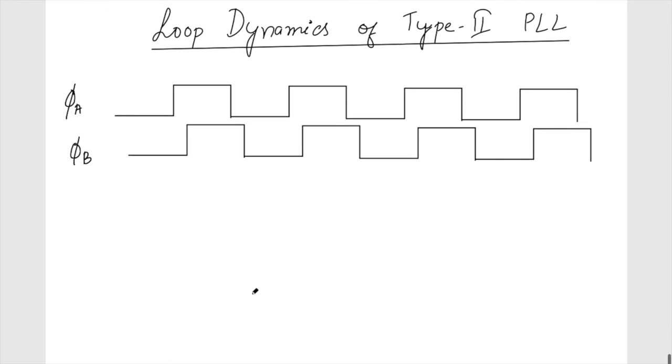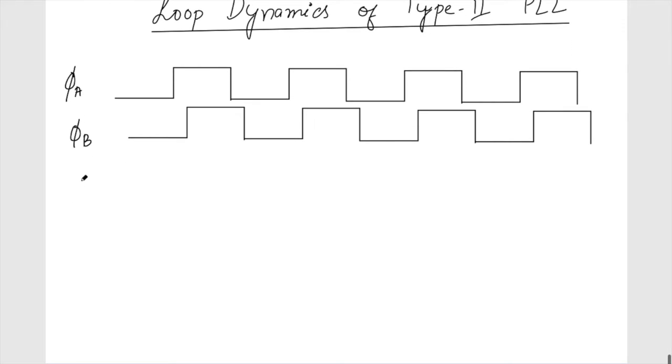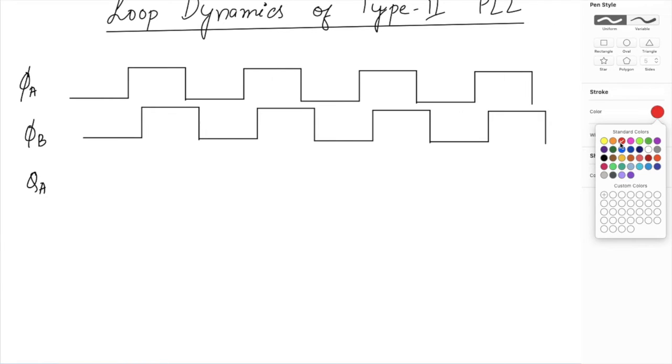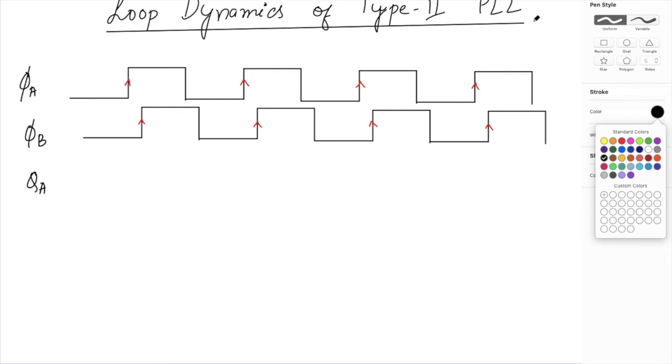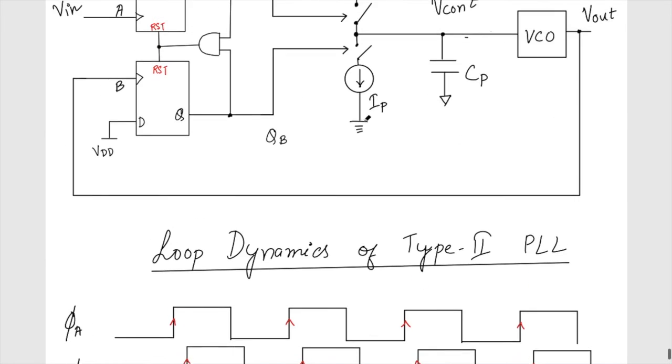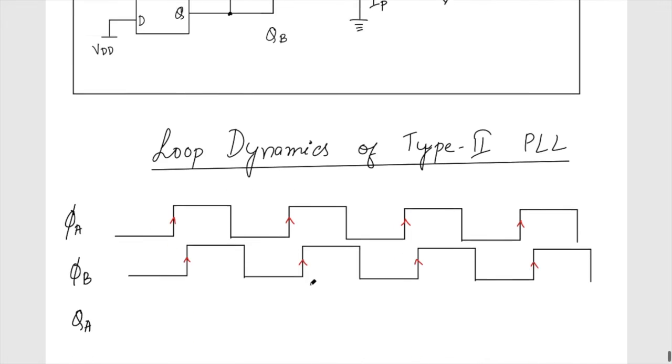Because of which it is going to produce a signal QA, and in this case QB will always be 0. So I will not be drawing the QB. The clock edge of phi A is coming before phi B, so only the phi A signal will be high sometimes, whereas the phi B will always be 0. So that means this switch is going to be always off.